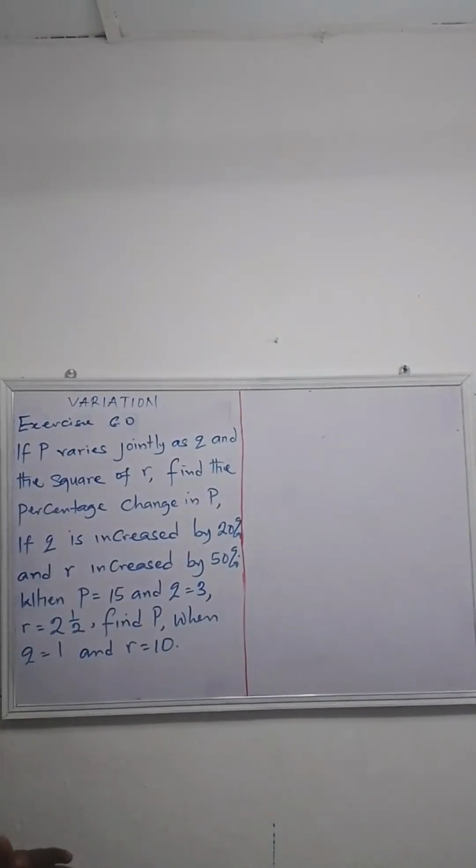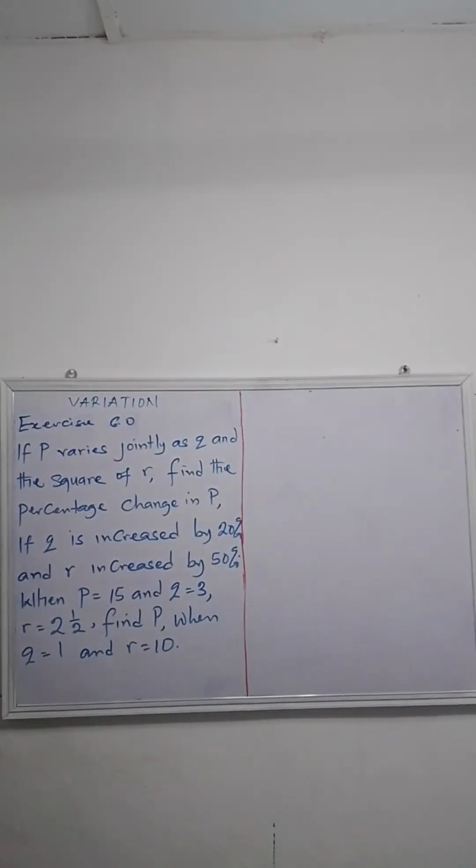If P varies jointly as Q and the square of R, find the percentage change in P if Q is increased by 20% and R is increased by 50%, when P is 15 and Q is 3, R equals 2 1/2. Find P when Q is 1 and R is 10.